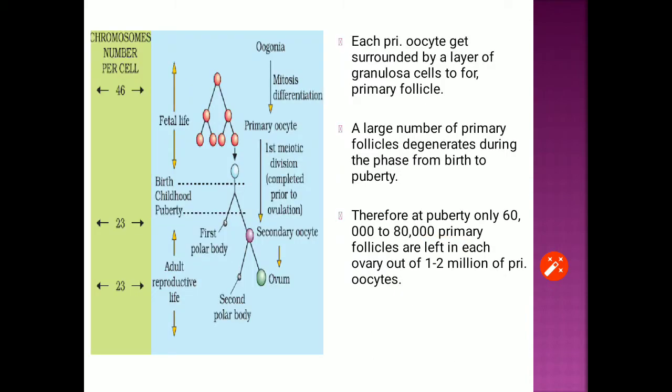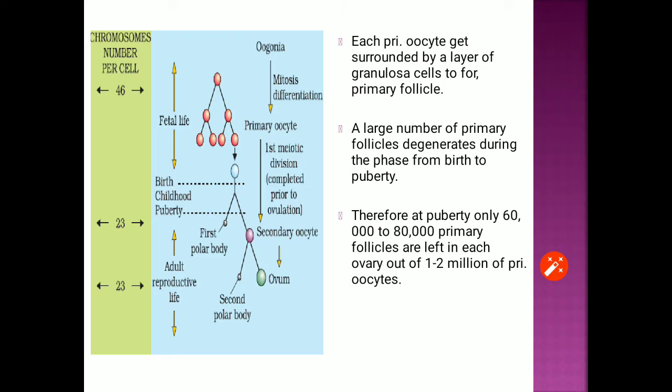Now there is a flowchart to show the process of oogenesis. Each primary oocyte gets surrounded by a layer of granulosa cells to form primary follicle. A large number of primary follicles degenerate during the phase from birth to puberty.